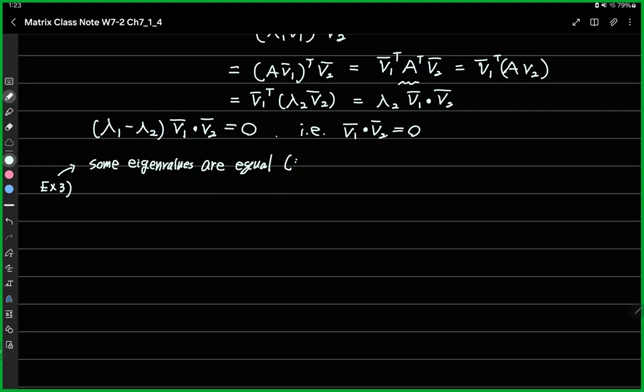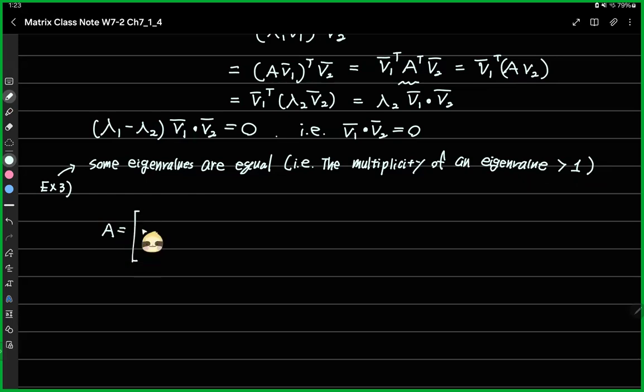So the multiplicity of an eigenvalue is greater than 1.